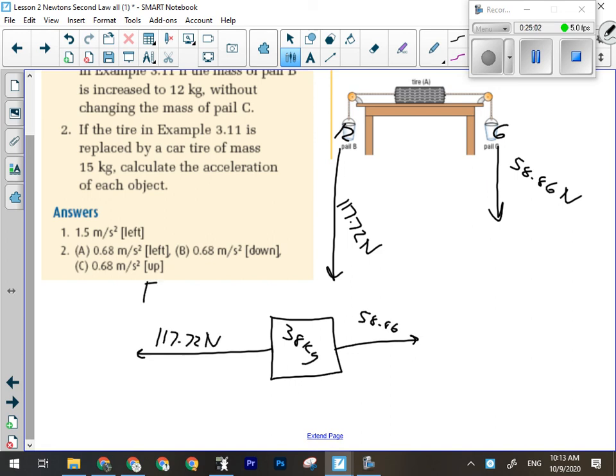And we calculate our F net. 117.72 minus 58.86 should give us 58.86, right? Pretty sure. Yeah? All right, so our net force is 58.86.